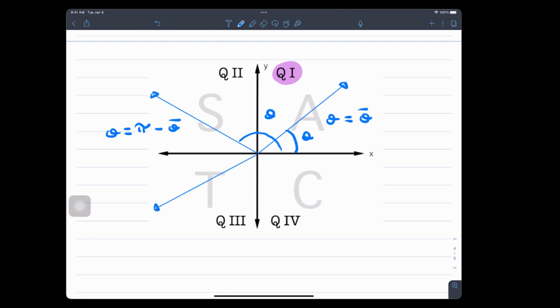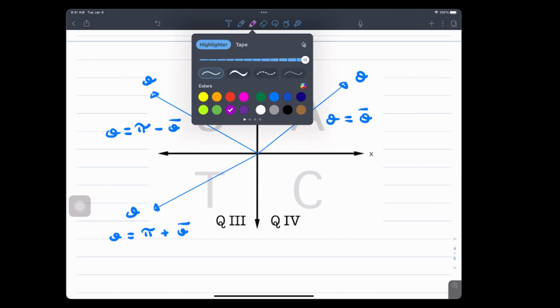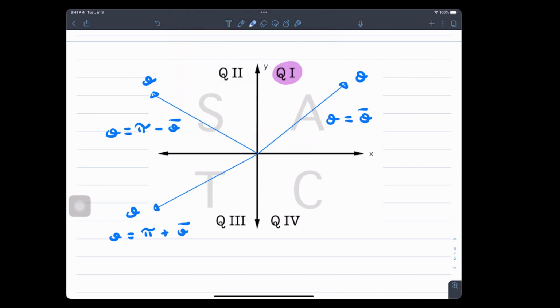If your angle, and it might be just better to write the theta up here, okay? Because all of these circles and lines, you know. So our theta here for quadrant 3 will be pi what? Plus the reference. Okay? This is the format you guys are going to use here to get your angle theta.